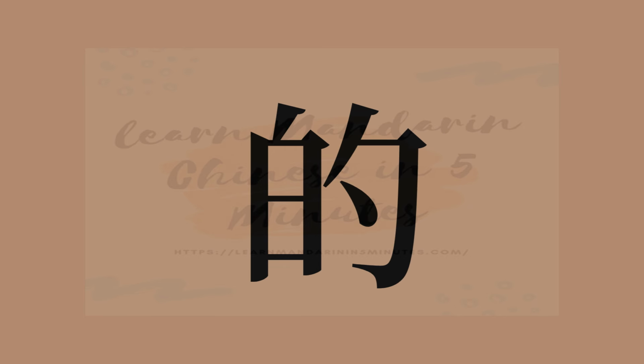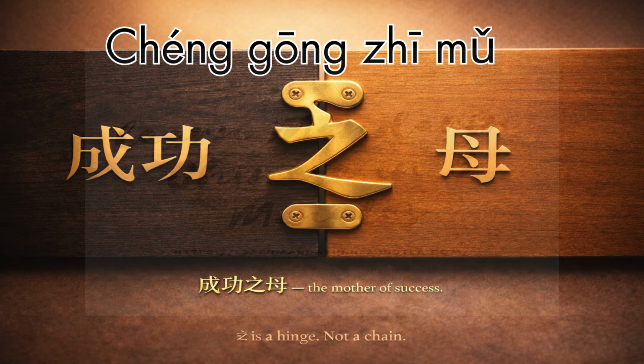Take a phrase you see everywhere. 成功之母. This literally means success, 之, mother, but the feeling is the mother of success. Failure is often called 成功之母, the mother of success. It's a set phrase. 之 is acting like a hinge.